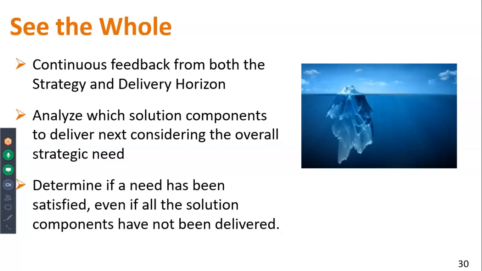So, seeing the whole: at the initiative horizon, you want to be sensitive to inputs from the strategy horizon and from the delivery horizon. You want to be keeping the detail in the context of an overall thing. So you need to be aware of the entire product backlog, all of the epics that are out there, and have a sense of which have been dealt with, which are being dealt with, and which are going to be dealt with.